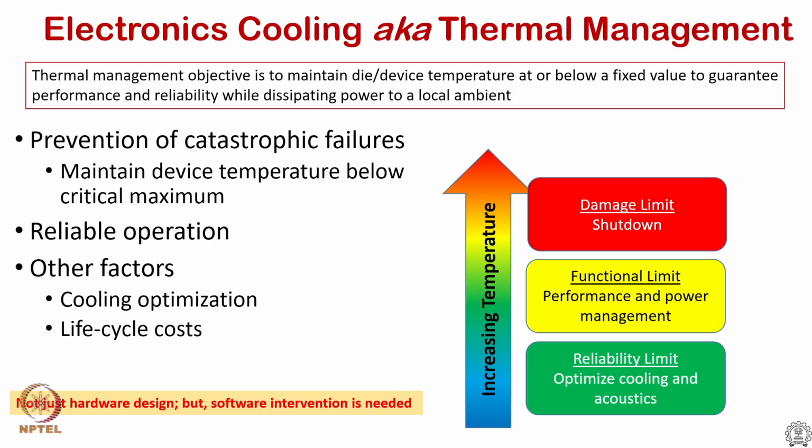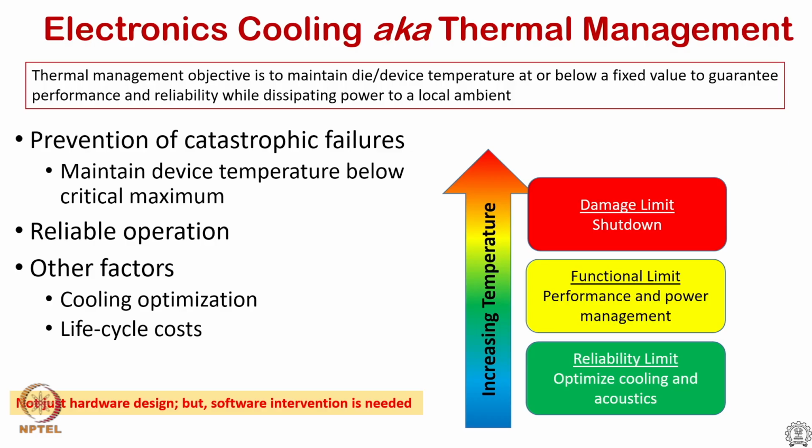This fixed value of temperature guarantees a certain performance and reliability of the device. If the manufacturer proposes 5 years of operational life and delivers a certain amount of speed and throughput, then that should be achieved for the entire 5-year life. That is guaranteed through thermal management while dissipating heat to the local ambient.